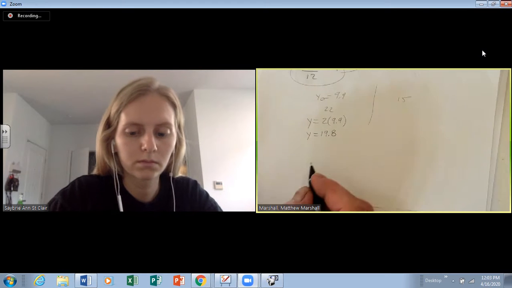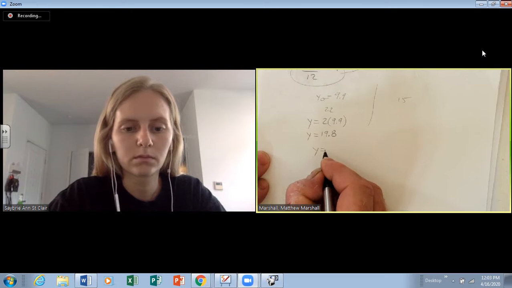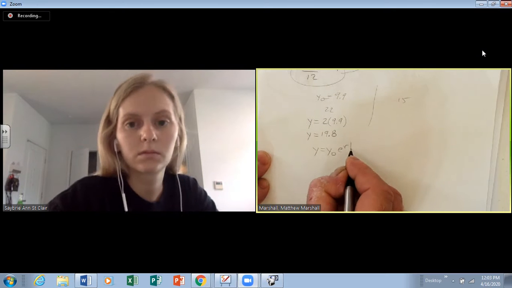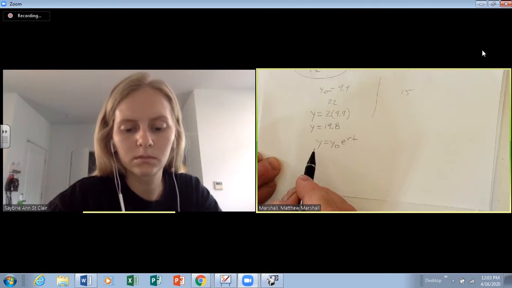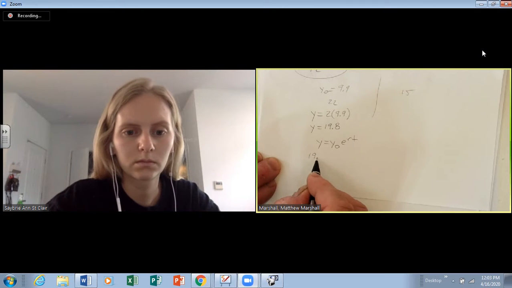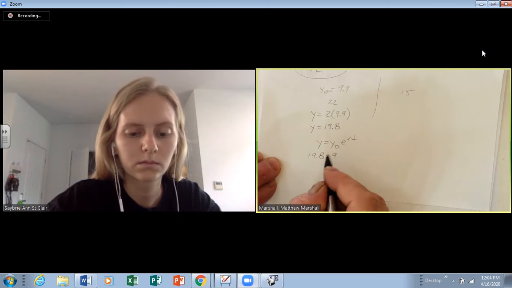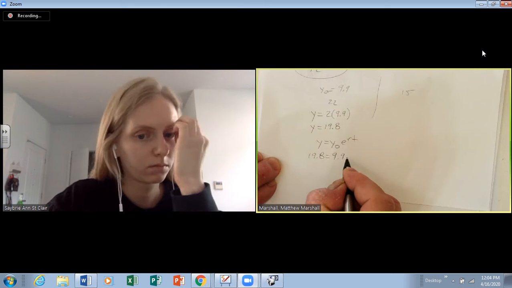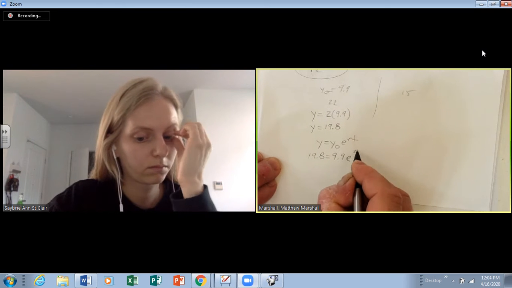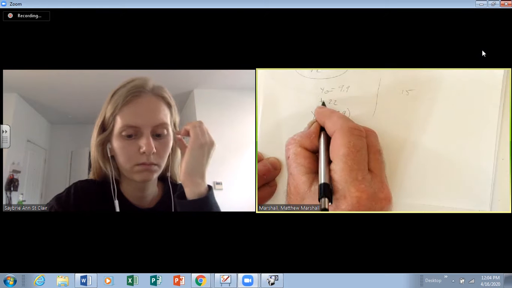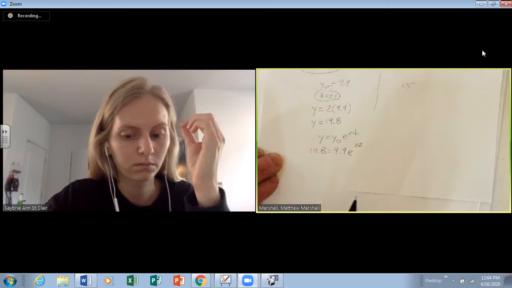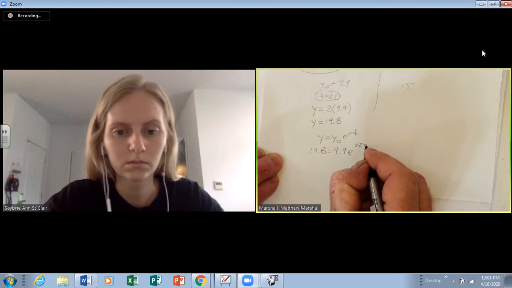So now I take those and plug them back into this again. The final value 19.8, the initial value 9.9, e to the 22r, because it was 22 minutes it gave you.